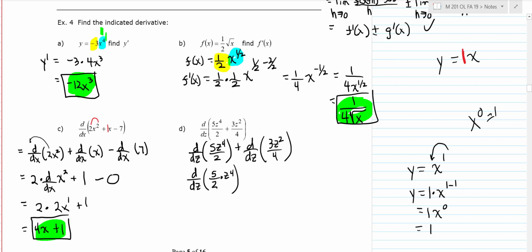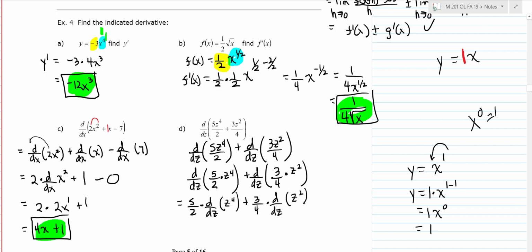It's the same thing. And this is 3/4, the constant, times z to the 2nd. They're the same thing. So you could do this constant multiple rule. You could write this as 5/2 times the derivative of z to the 4th plus 3/4 times the derivative of z squared.